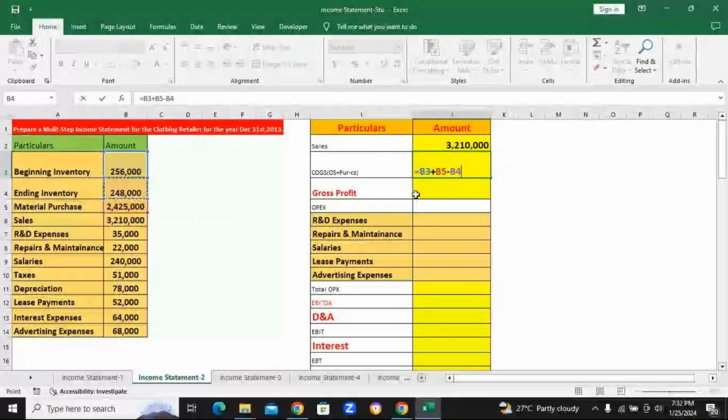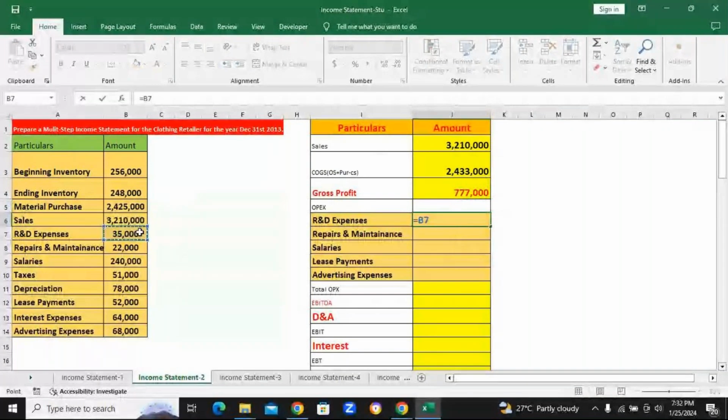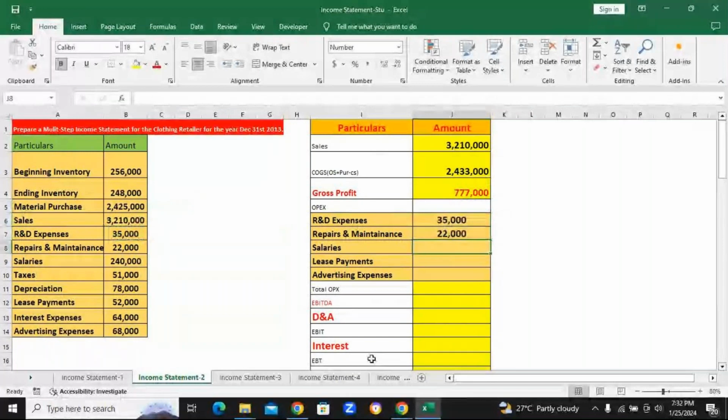So gross profit will be equal to sales minus COGS. Then R&D expenses 35,000, repairs and maintenance 22,000, salaries 2,40,000, lease payment 52,000, advertising expenses 68,000.